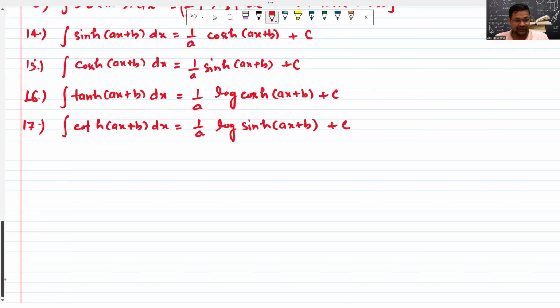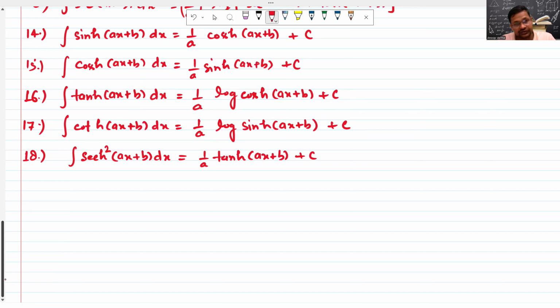In the same way, the 18th formula: the integration of sech square(ax + b) will be equal to 1 upon a tanh(ax + b) plus c.